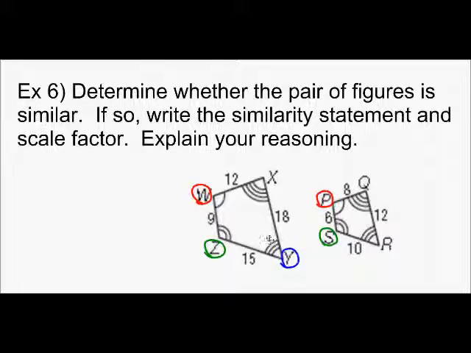Y has 3 arcs, meaning it's congruent to R with its 3 arcs. And X and Q both have 4 arcs. Now that I've circled these, I can see that WX should correspond to PQ, XY should correspond to QR, YZ should correspond to RS, and ZW should go with SP.